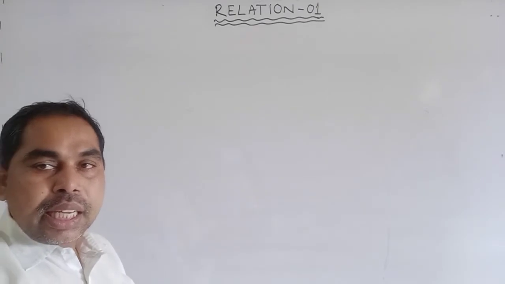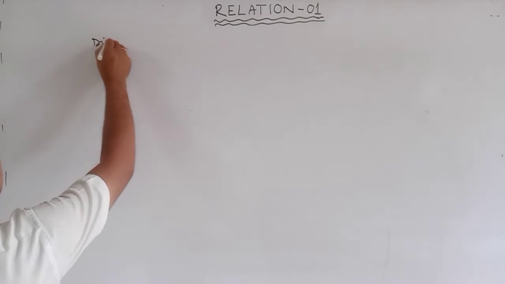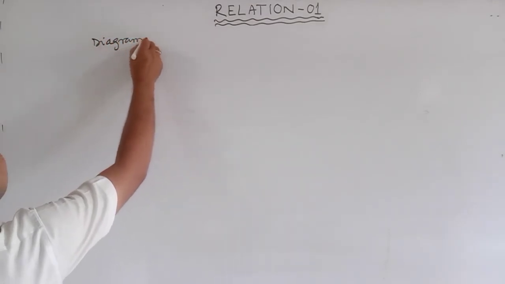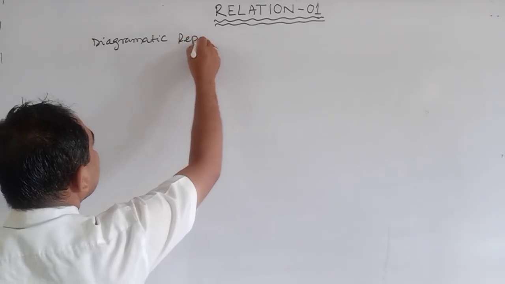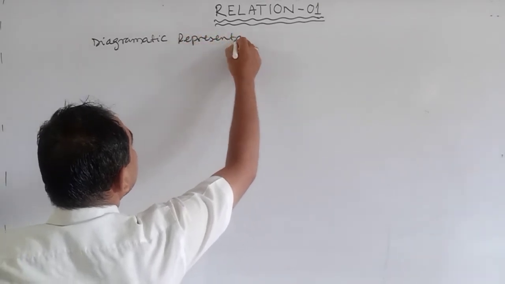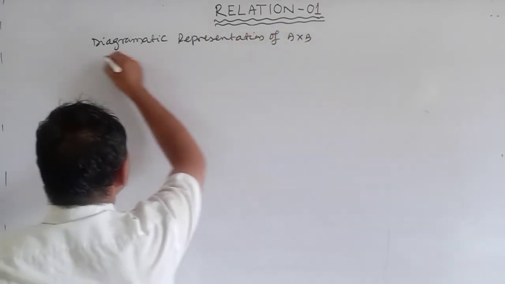Next, diagrammatic representation of A into B. So there are two methods.